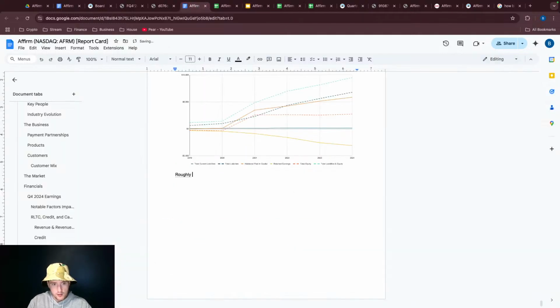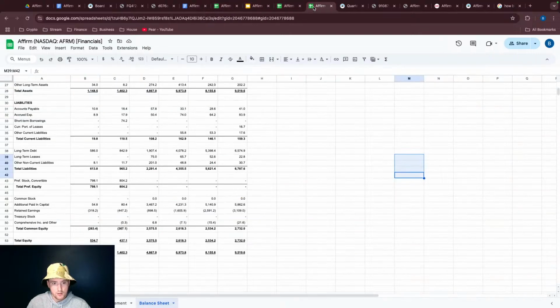So roughly 97% of total liabilities is, what did we say it was, like 6 billion?